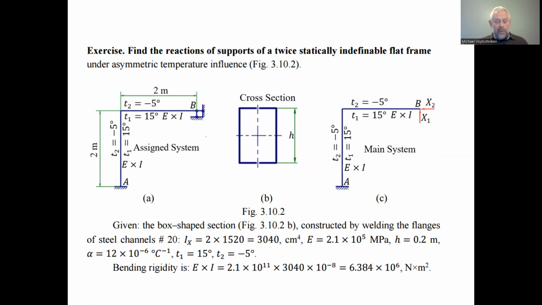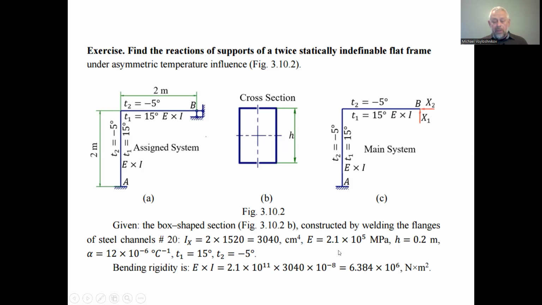This is required to find the characteristic of the elasticity and rigidity of the rods within the frame. So the moment of inertia relative to the horizontal axis of the transverse section is 2 by 1520, equal to 3040 centimeter to the power of 4.